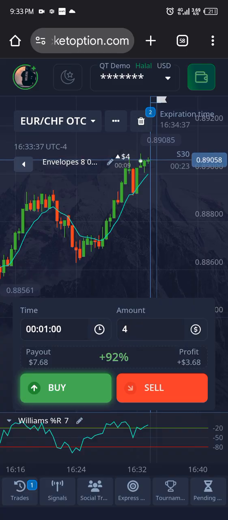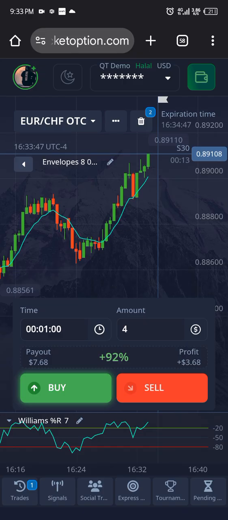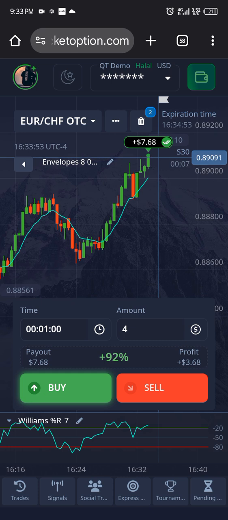So let us see how it will end. Because I already have the confirmation, that's a buy. If it had been I didn't change direction, you see this $4 recovers the losing 3. So this is how you use the Williams percentage R7 and the envelopes.